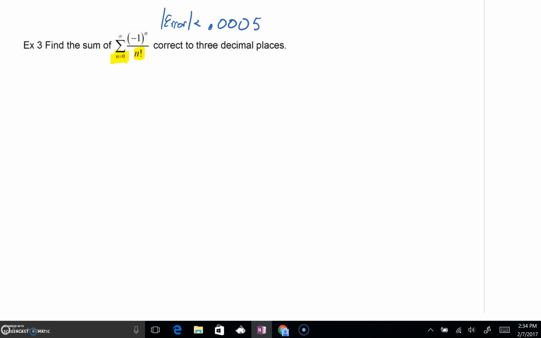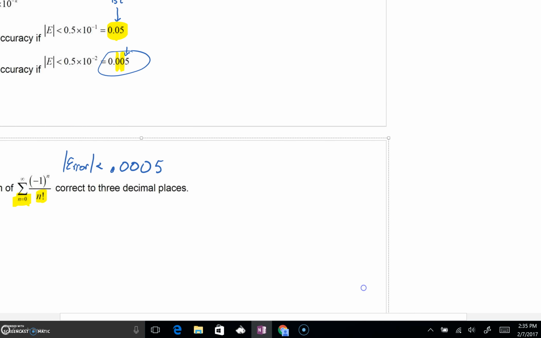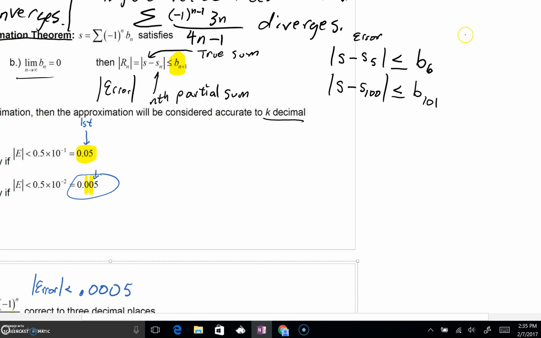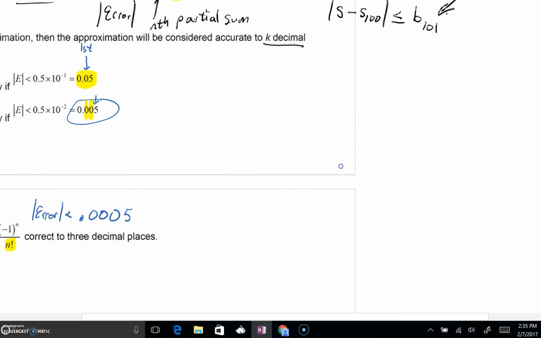And sometimes kids will say, well, how do I do this? How do I work up to being able to find a sum accurate to 3 decimal places? The answer, what you got to do, guys, is find a term so that it's less than or equal to 0.005.